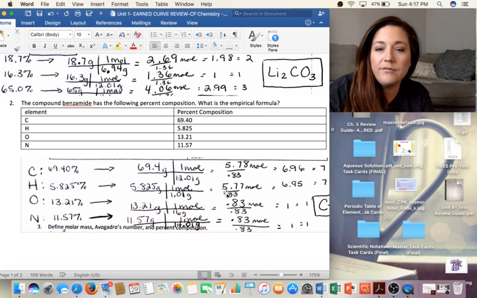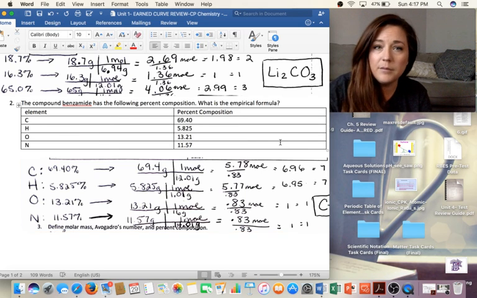When you have 5.77 divided by 0.83, you get 6.95. When you have 0.83 divided by 0.83, you get 1. Again, 0.83 divided by 0.83, you get 1.